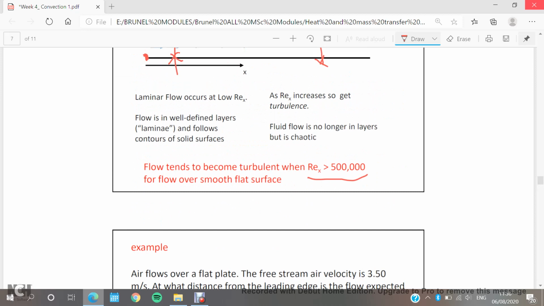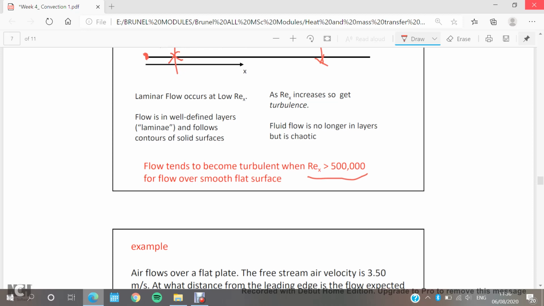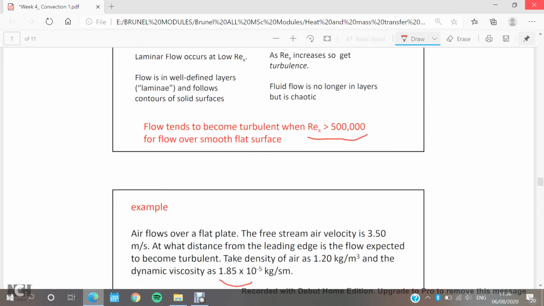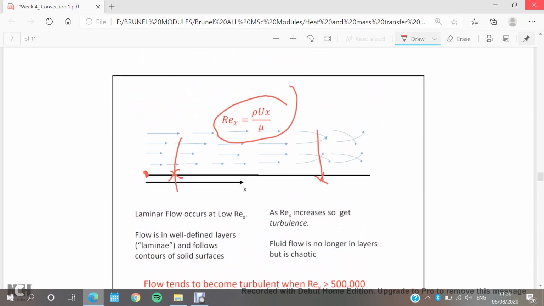As we mentioned earlier, over a flat horizontal plate, the flow starts to be turbulent when the local Reynolds number reaches a value equal to 500,000. So if we put this as our limit, 500,000, we can get x, which is the distance from the leading point, by putting this equation over.